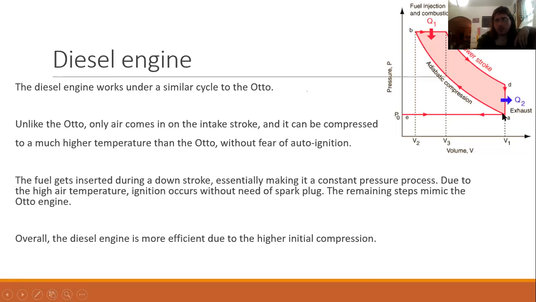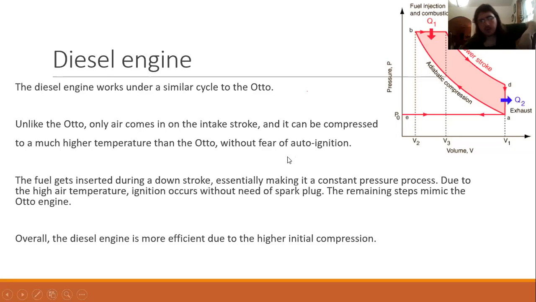We go back down, exhaust, downstroke, exhaust stroke, and then intake stroke. So the idea here is that we can heat this up to a much higher temperature, and ignition occurs without the need of a spark plug. The remaining steps just mimic the Otto engine.